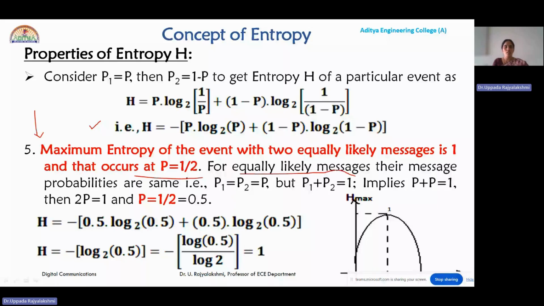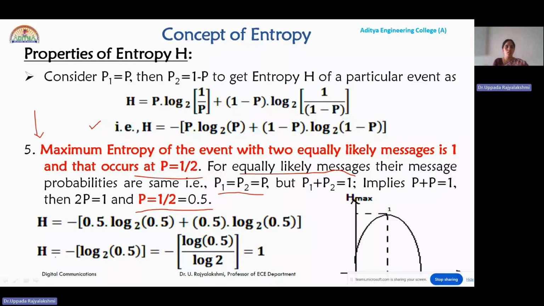Equally likely messages mean that their respective probabilities are the same. So P1 is equal to P2 is equal to P. But P1 plus P2 is 1, so P will be 1 by 2.